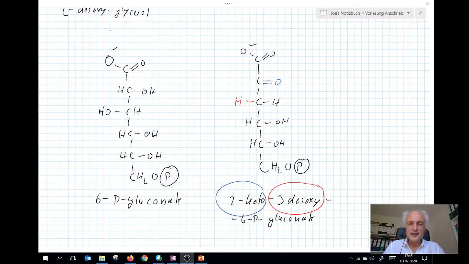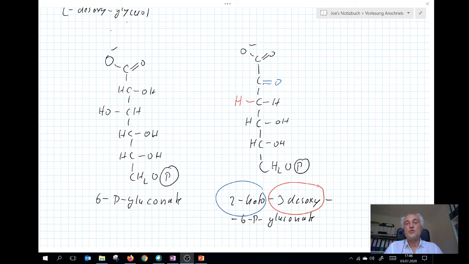Some things, of course, you need to remember forever. Otherwise, you have no chance in glycolysis or other catabolic pathways. Of course, you need to know what glycerol looks like, what acetone is, and then if it's dihydroxyacetone, you know what it looks like.